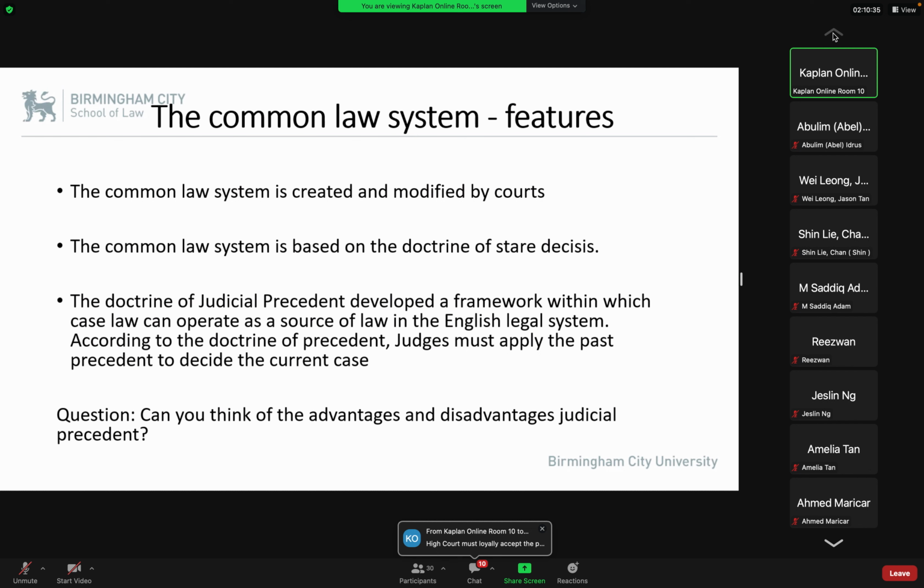This is in the UK. So the doctrine of precedent here has vertical effect. The lower courts will accept the appellate courts' decisions.